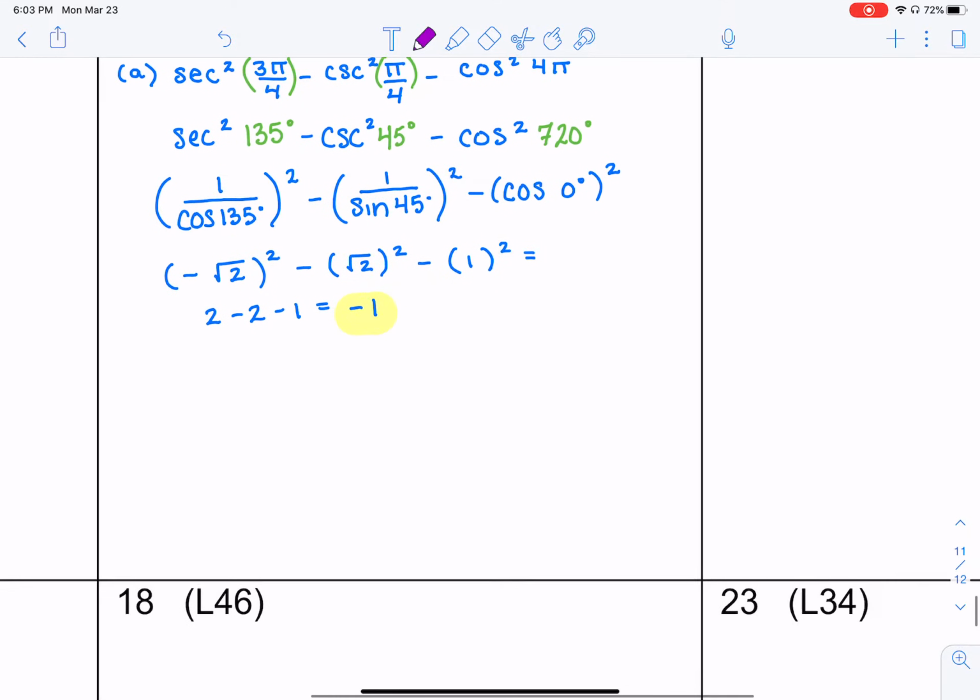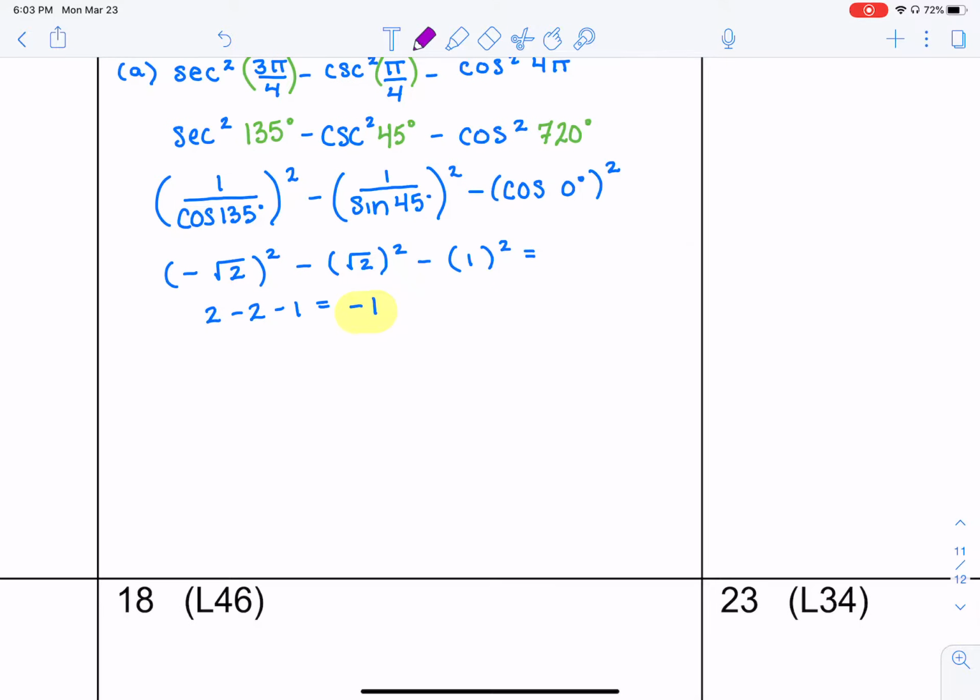So I'm going to scroll down a little bit and squeeze in part B. Part B, the original question, cotangent squared of negative 13 pi over 6 minus 3 tangent negative 7 pi over 3.